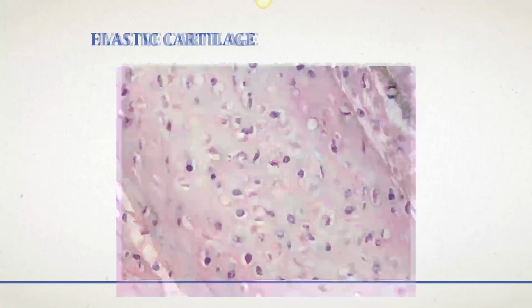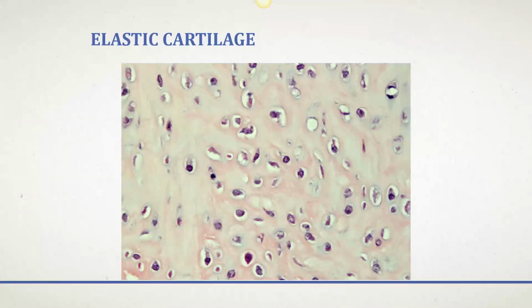Here we have elastic cartilage. Elastic cartilage looks kind of like hyaline cartilage, except if you look at one of these cavities, the chondrocyte is more in the center of the cavity. And then you can see in the background, there's all these elastic fibers that are sprayed around.